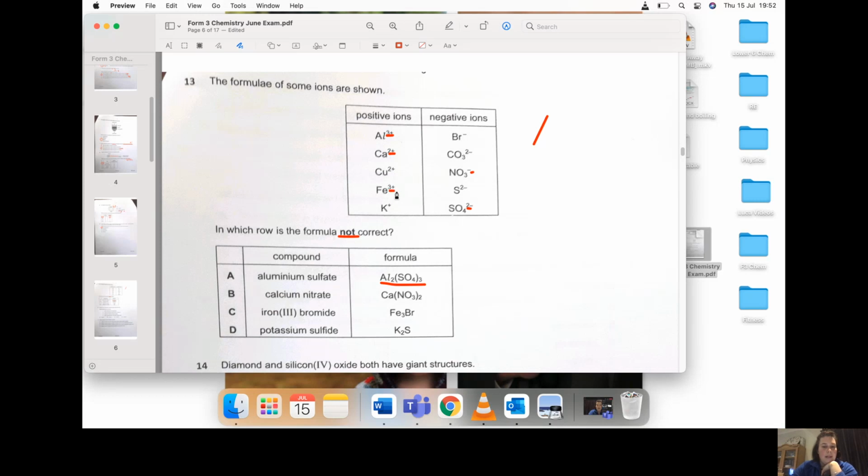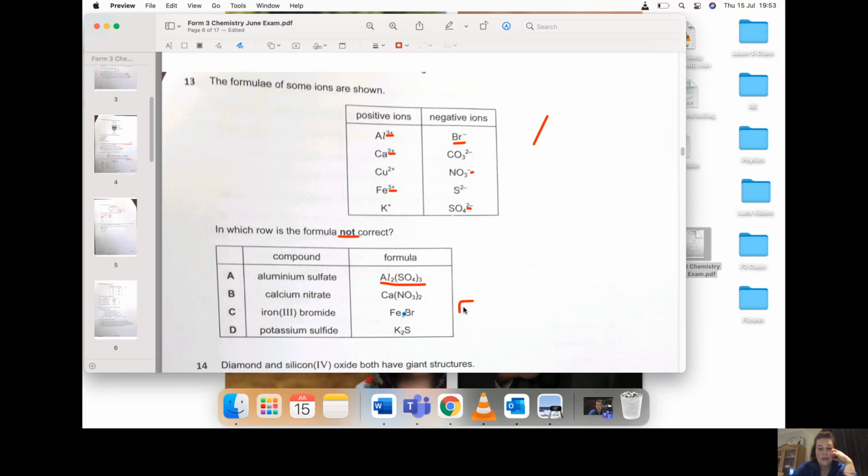Iron 3 bromide. So you look for iron 3, Fe3+, and you look for Br-. The charge from the Br is going to come down to the Fe, so it's just going to be Fe1. The 3 is going to go to the Br. So this should actually be FeBr3.